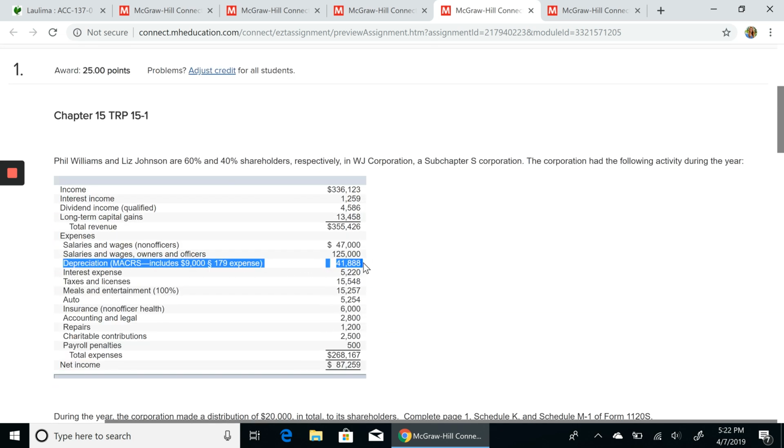Depreciation expense. So how did they get that number? I bet you can tell just by looking here, right? They're going to take the total depreciation and they're going to minus out section 179 because that was a deduction that is going to be reported for taxes at the owner level based on their ownership percentages, because that's an accelerated deduction that will pass through.